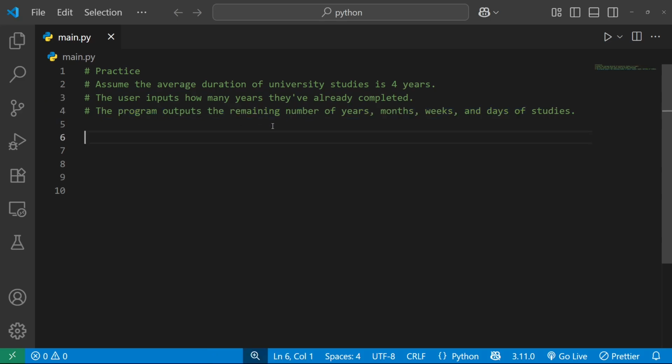So if I'm at the university, for example, 3 years now, it means 1 year left. Okay? And if 1 year is left, it means 12 months. 12 months multiplied by some number, or we can use years multiplied by 52, okay, because 1 year has 52 weeks, right?